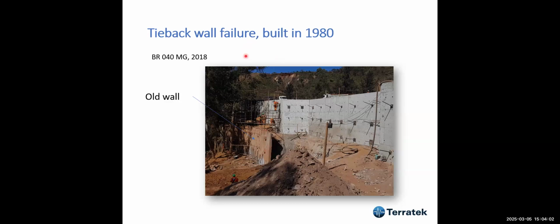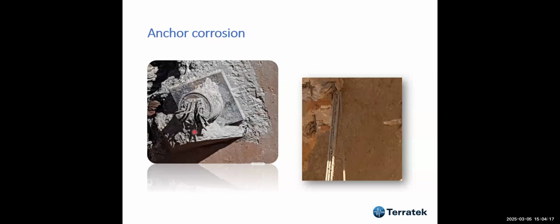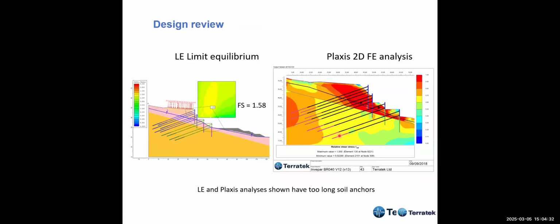This is in Brazil, close to a city named Belo Horizonte, and this is the new wall. We did a lot of analysis of this. So this is the corrosion that I have seen in the strands, and my guess was that this was the problem. Here is one of the strand anchors corroded.